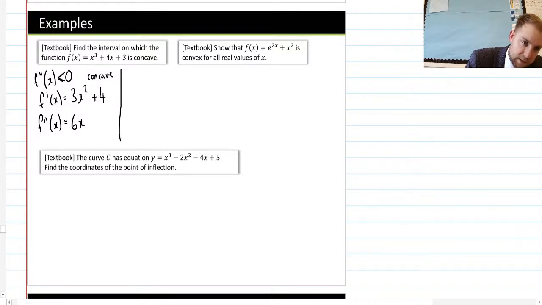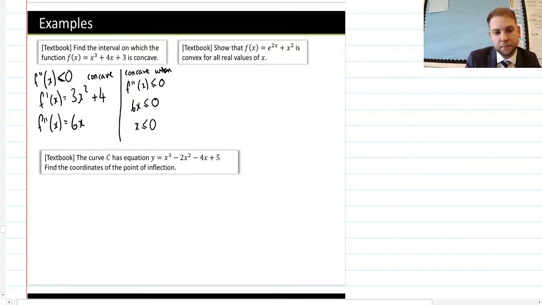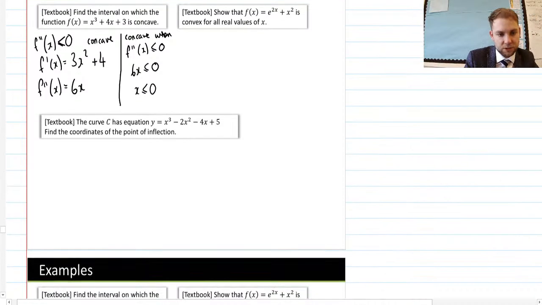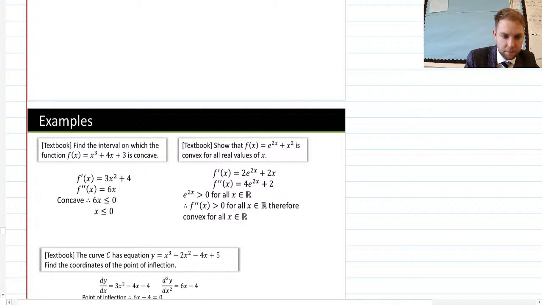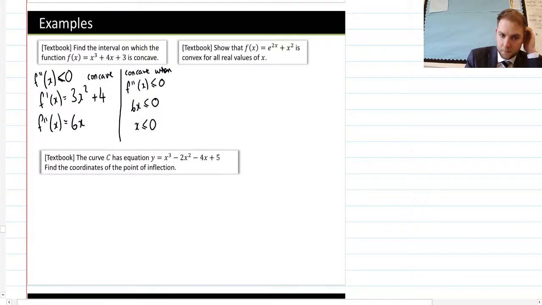So now we're going to say that it's concave when f double dash of x is less than or equal to 0. So we're going to say that 6x is less than or equal to 0. So x is less than or equal to 0. Let's just check that. Yeah, perfect. So there's our first one, nice and easy.